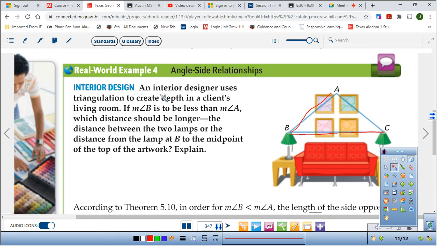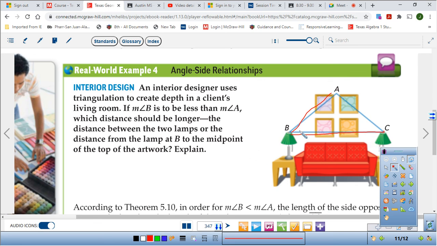Okay, an interior designer uses triangulation to create depth in the client's living room. If angle B is to be less than angle A, so they want this one less than that one, which distance should be longer? What do y'all think? Anybody know how to do this one?